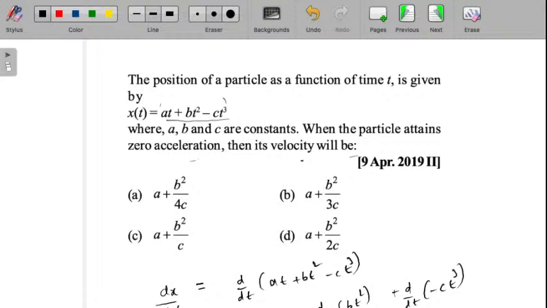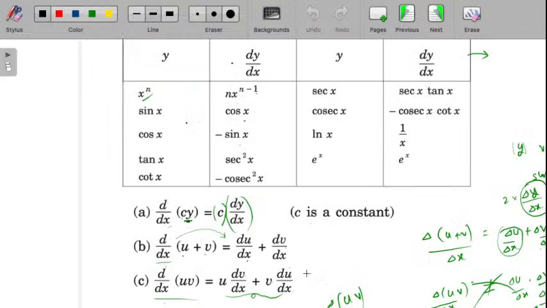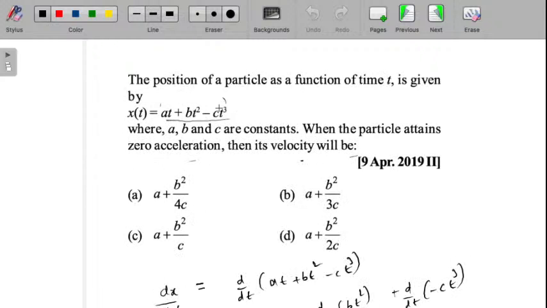What is d by dt of t square? We could use the same relation that we had earlier, d by dx of x power n is n x power n minus 1. We would get b into 2 into t, because n is 2, n t power n minus 1, which is 2t.